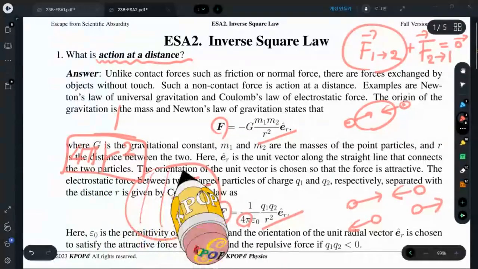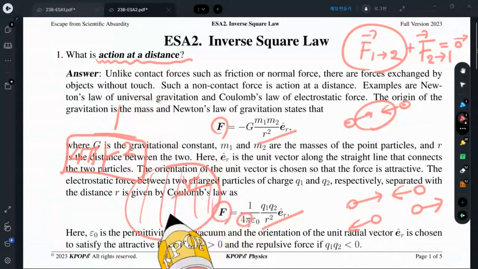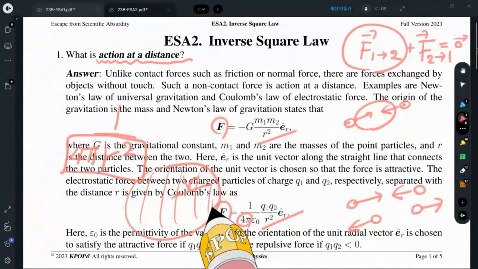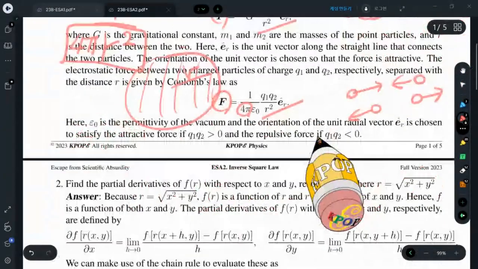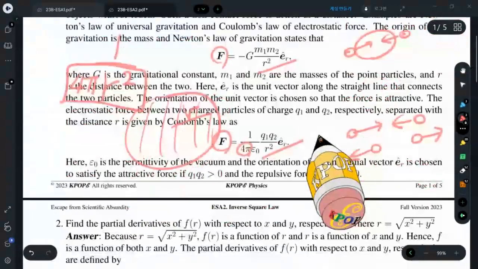So the strength of this action at a distance force decays inversely proportional to the area of a sphere. Very interesting. That is the origin of Gauss' law.